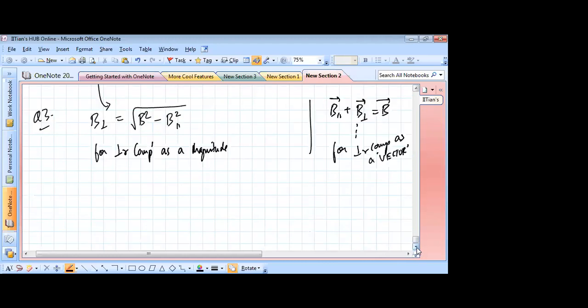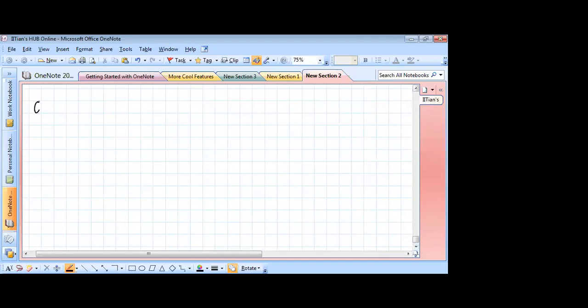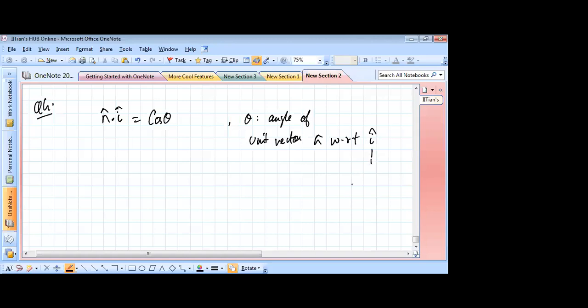Now in the fourth question, you just have to use the relationship that n cap dot i cap is cos theta, where theta is the angle of the unit vector n cap with respect to i cap, which is along the positive x-axis. Why is this equal to cos theta?